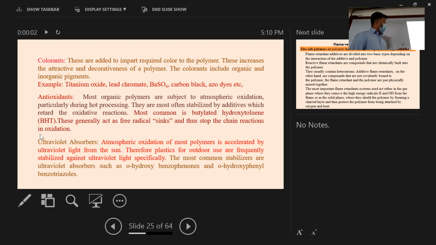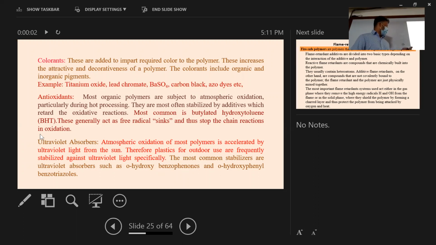Ultraviolet absorbers. That means we can have different types of plastic materials or polymeric materials. If the color is black, then it can absorb most of the radiations. Whatever the radiation, black, white, or red, whatever the color coming on, it will be very easy to absorb.